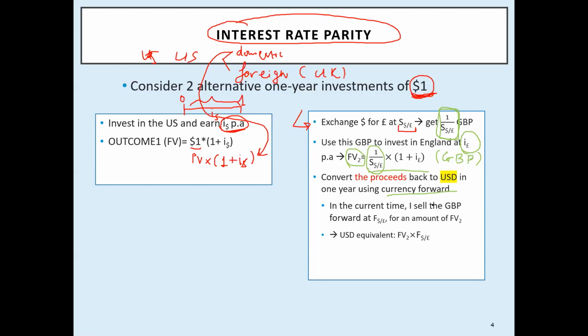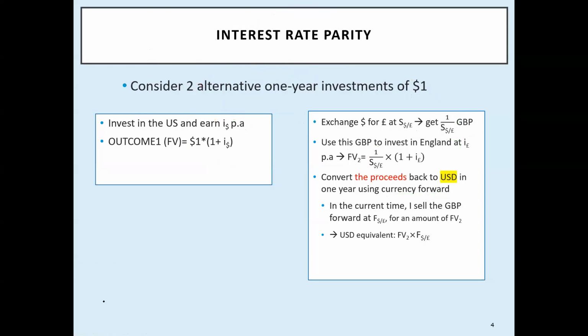So at the current time, when I look forward for a year, I expect to earn this much after a year, and this is in pounds. If I want to eliminate any exchange rate risk exposure, at time 0, I'm going to enter into a forward contract to hedge this position.